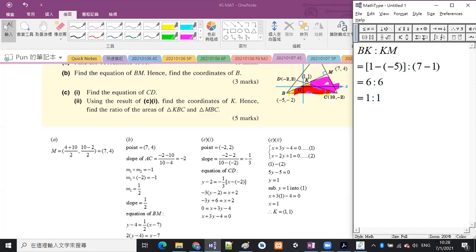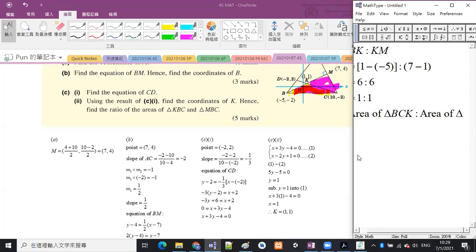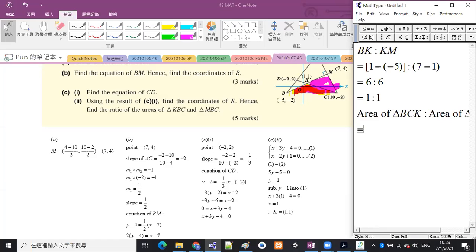BK to KM is 1 to 1, which means that the area of triangle BCK to the area of triangle MCK should be equal to BK to KM, which is 1 to 1.